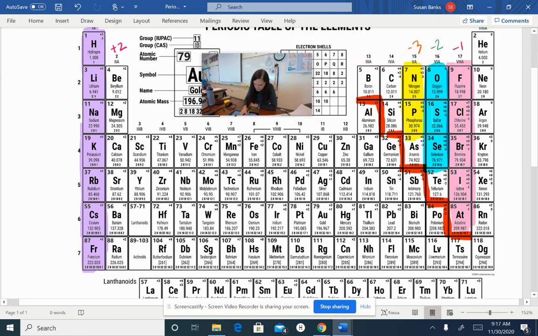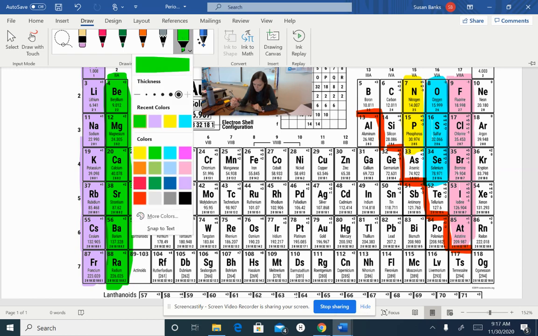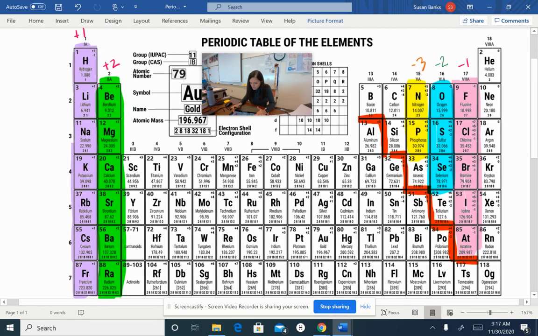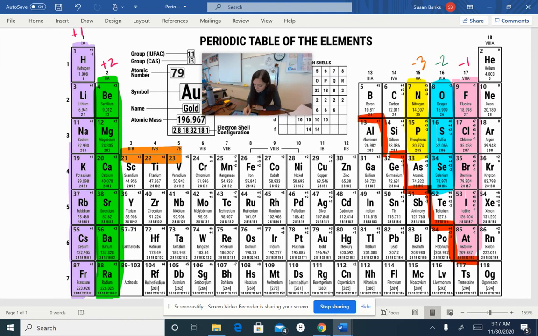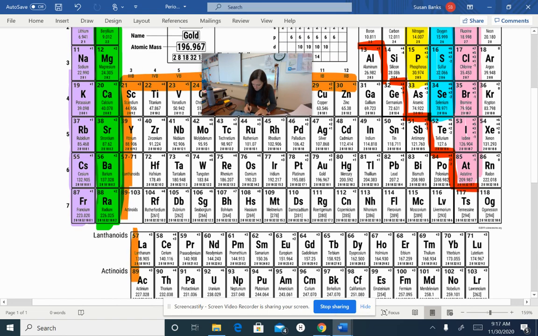These guys, the alkali earth metals, these guys are going to be +2. Okay, transition block. Let's do yet another color for the transition block. Let's do orange. Now the transition block, these guys all need Roman numerals, and I'm going to add in the F block as well.